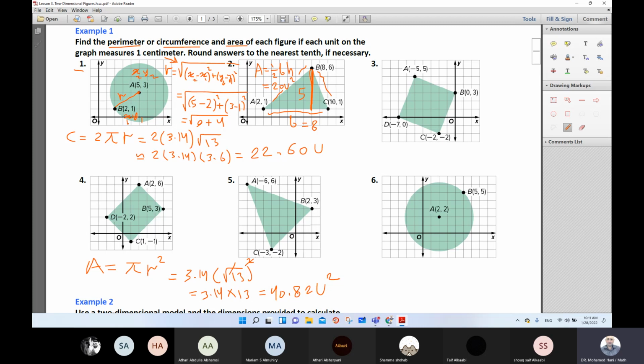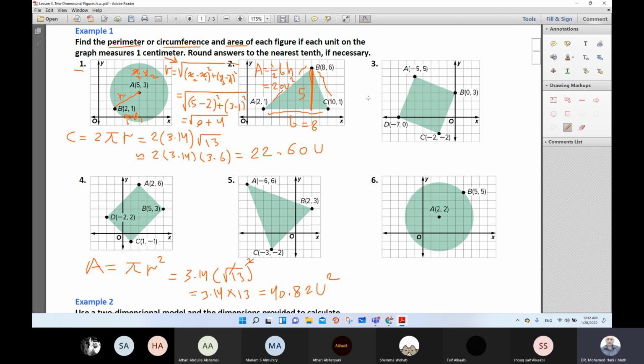Then you can add all the sides to find the perimeter. And also here the same idea: if you have a quadrilateral, find the distance from A to B using this rule, then from B to C, then from C to D, then from D to A. Then you can add all the sides to find the perimeter.